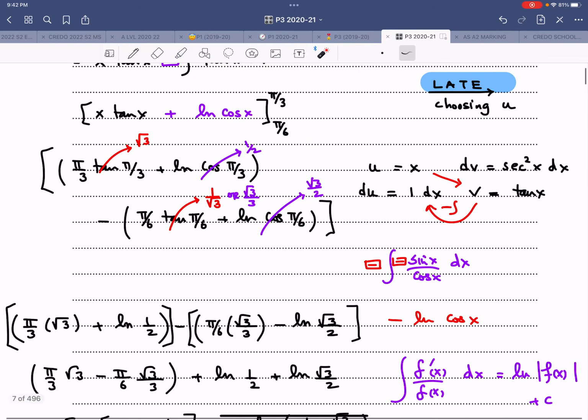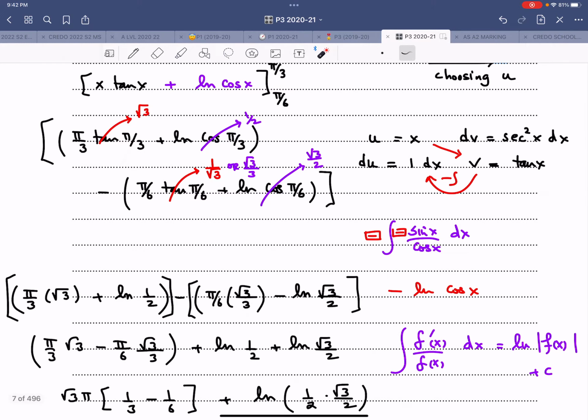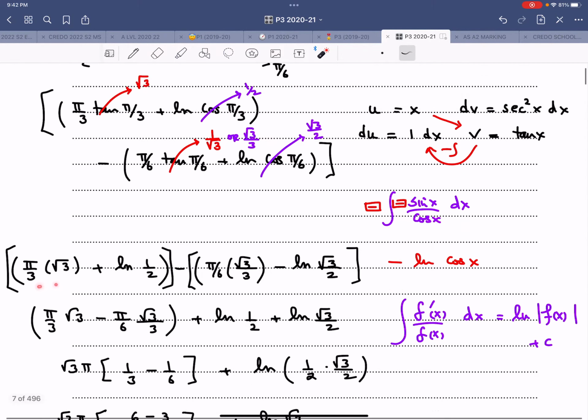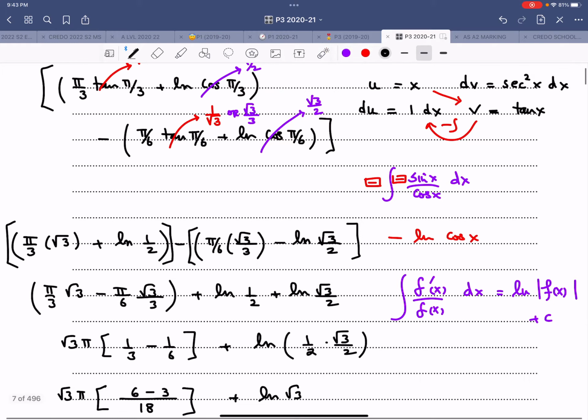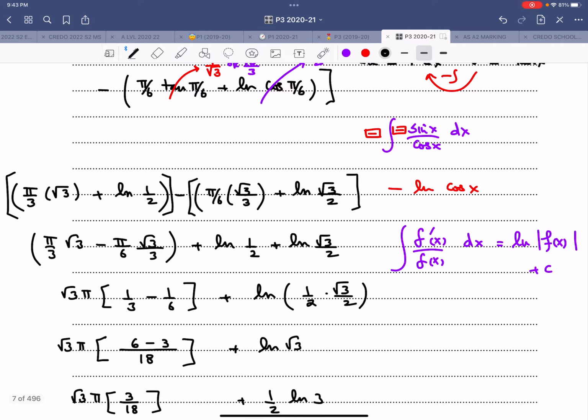Okay, now pi by 6 tangent pi by 6, tangent of pi by 6 is this as well as this, and there is a plus sign ln of this thing. That makes sense. Pi by 3 into root 3, tangent of pi by 3 is root 3, that's for sure. Ln of cosine of pi by 3, ln of half, that is a plus sign, minus. Okay, one small mistake over here. This was a plus. When I open it up, so therefore this is minus, this is plus, but this is minus. So this is one mistake that I've seen.